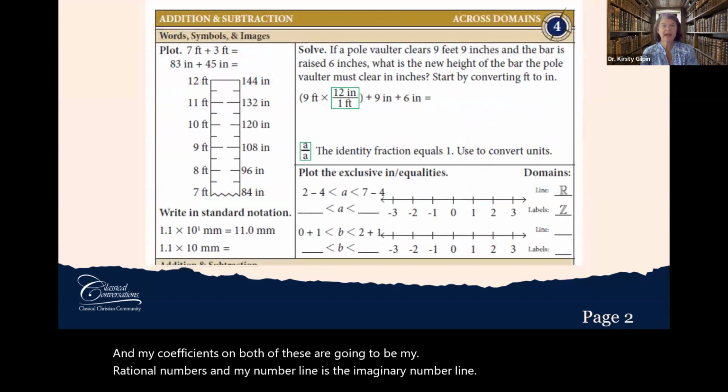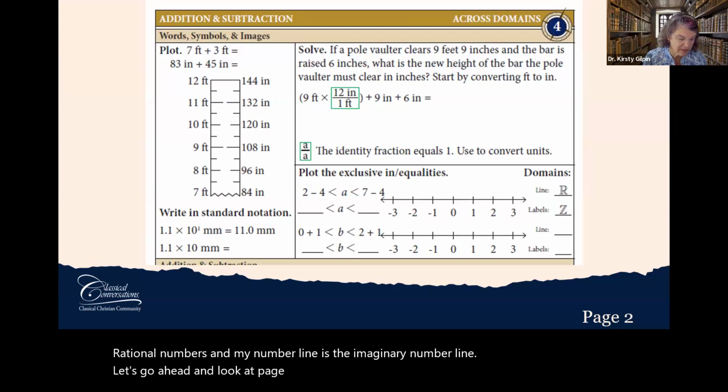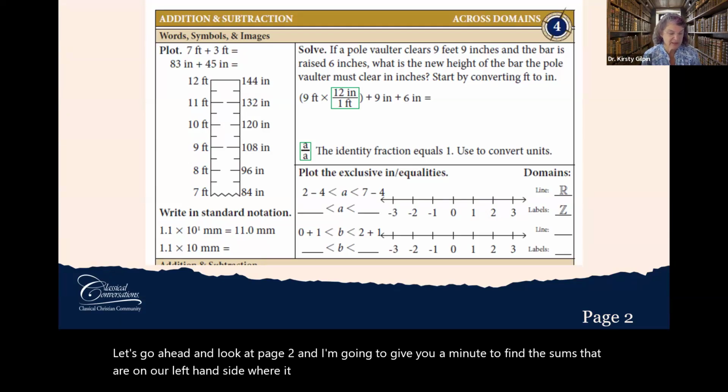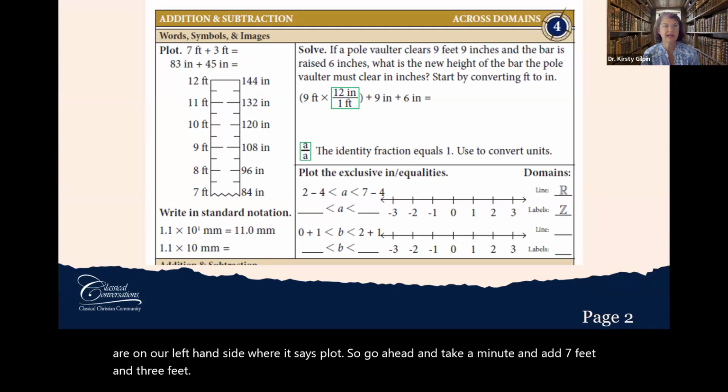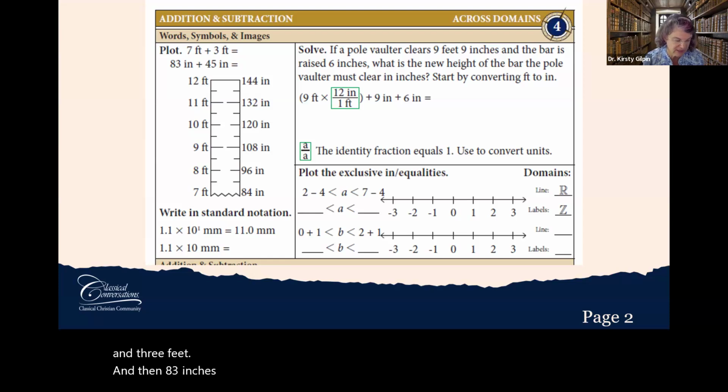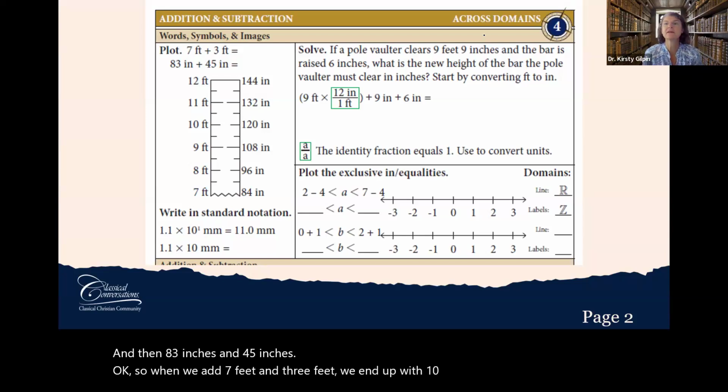Let's go ahead and look at page 2. And I'm going to give you a minute to find the sums that are on our left-hand side where it says plot. So go ahead and take a minute and add 7 feet and 3 feet, and then 83 inches and 45 inches. So when we add 7 feet and 3 feet, we end up with 10 feet.